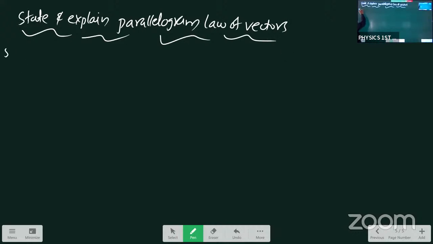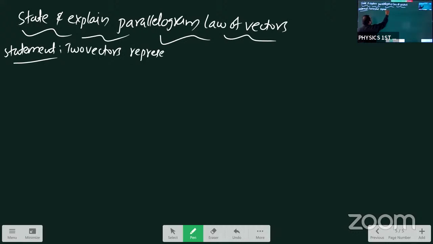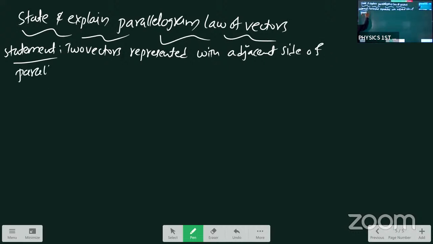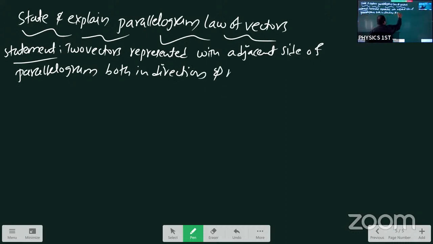First, the statement. Two vectors represented by adjacent sides of a parallelogram, both in direction and magnitude.